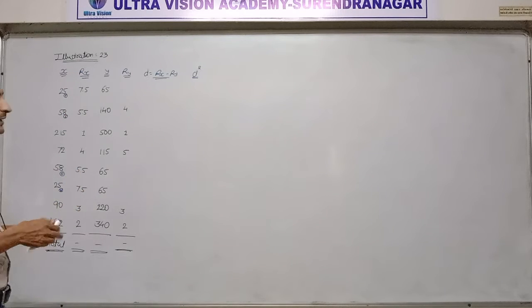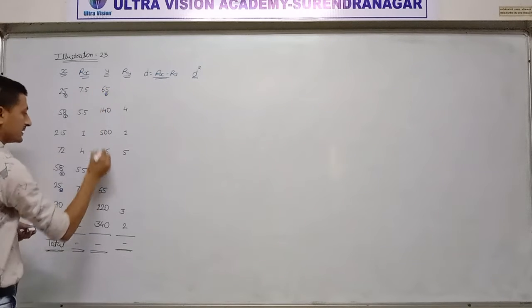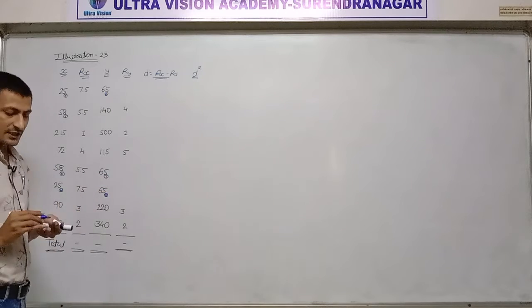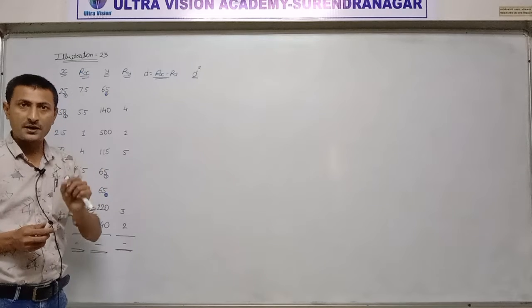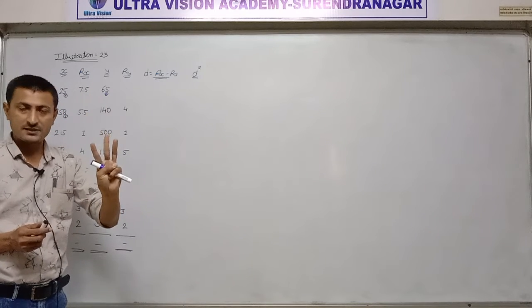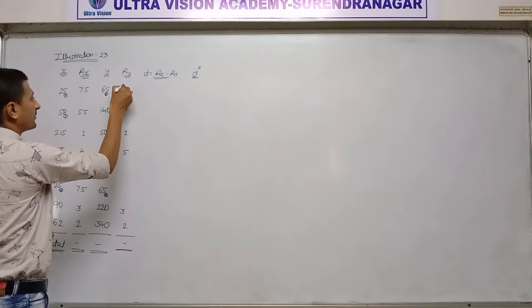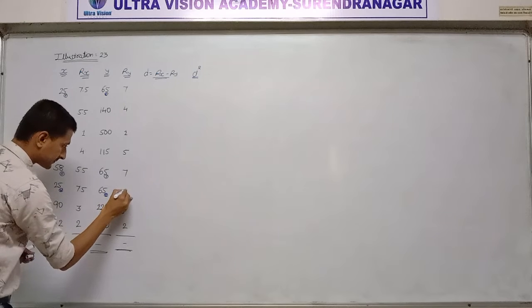So the average is found: 6 plus 7 plus 8 divided by 3. Average is 7. So each of the 65s gets the rank 7, 7, 7.